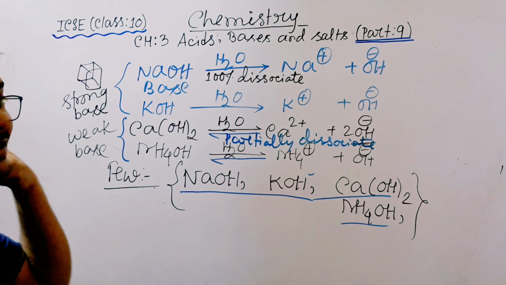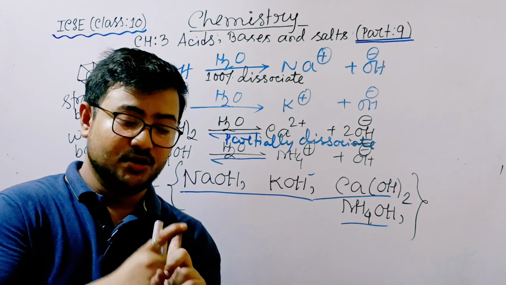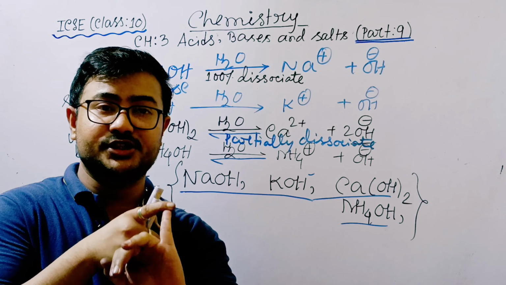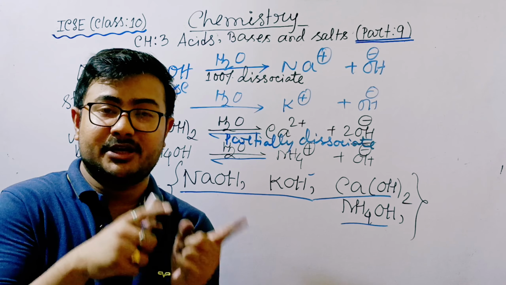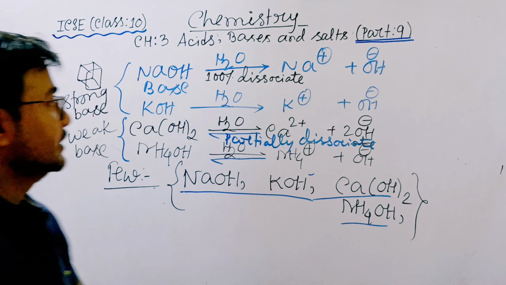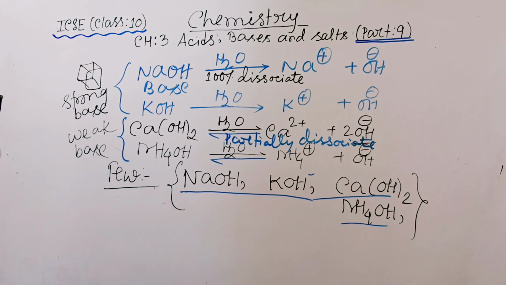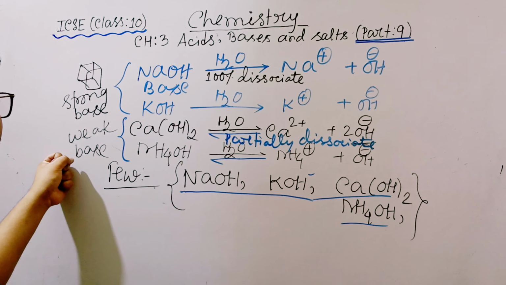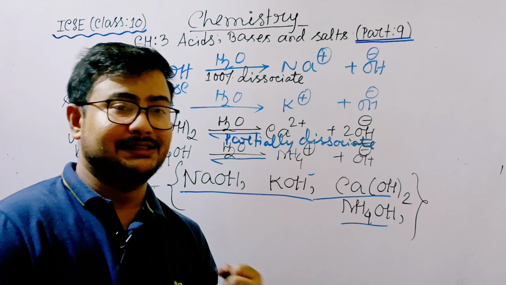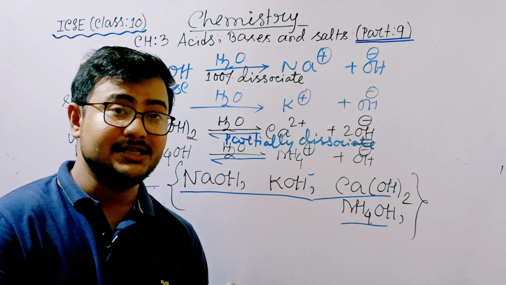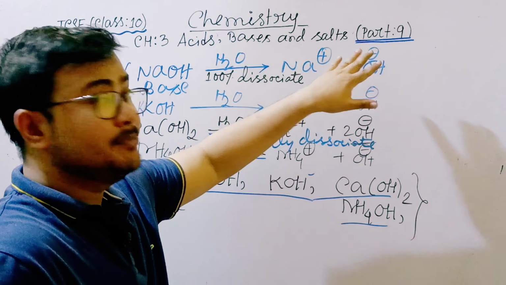So do you have an idea about what is alkali, what is a soluble base, what is an insoluble base? We have already a question: all alkalis are bases, but all bases are not alkalis. Many examples are there; which one is the strong base and which one the weak base, I already discussed. So prepare this concept and obviously prepare the previous part.